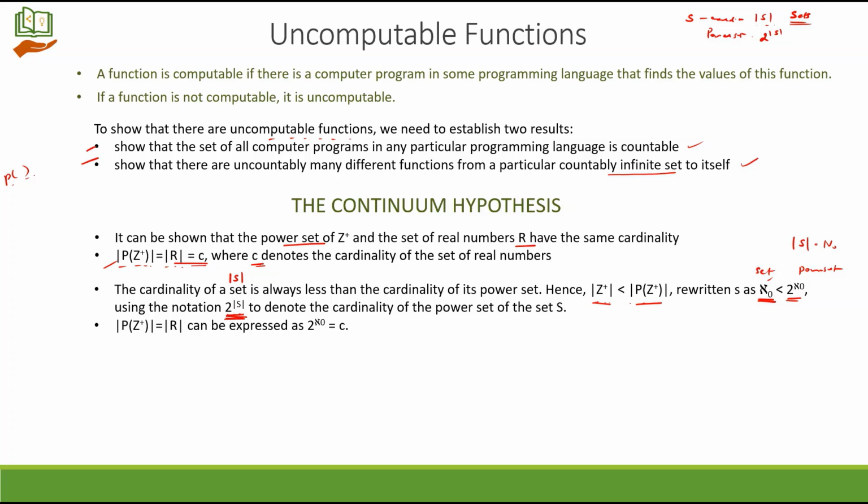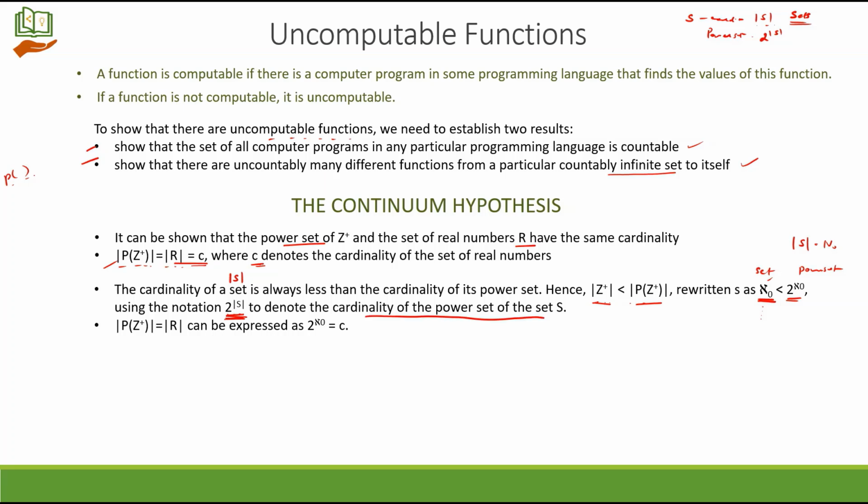Hence, the cardinality of Z plus is less than the cardinality of the power set of Z plus. This is again rewritten as aleph null less than 2 power aleph null, where aleph null is the cardinality of the set and 2 power aleph null is the cardinality of the power set, using the notation 2 power cardinality of set to denote the cardinality of the power set of S.